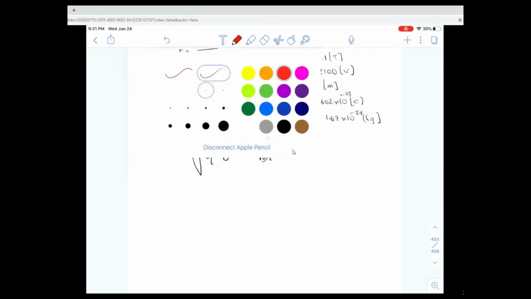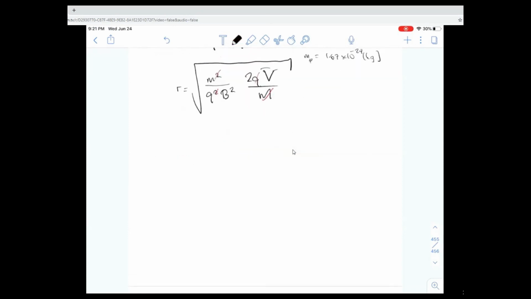I don't see any other cancellations. So we got 2M and we have the voltage. In the denominator we will have Q, and then this remains as a square. That's it.